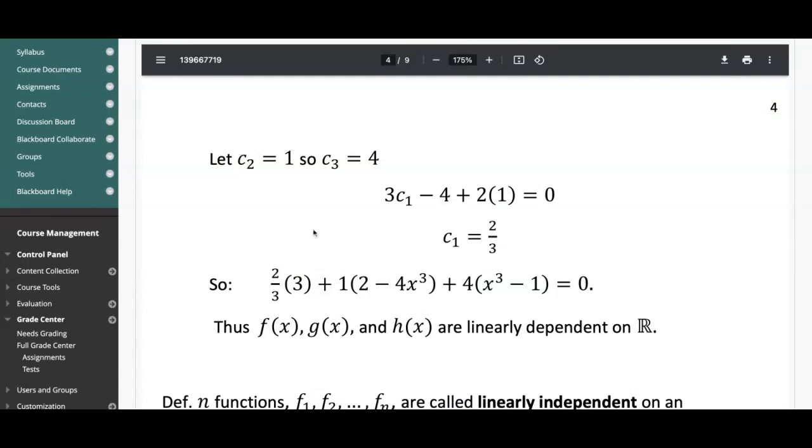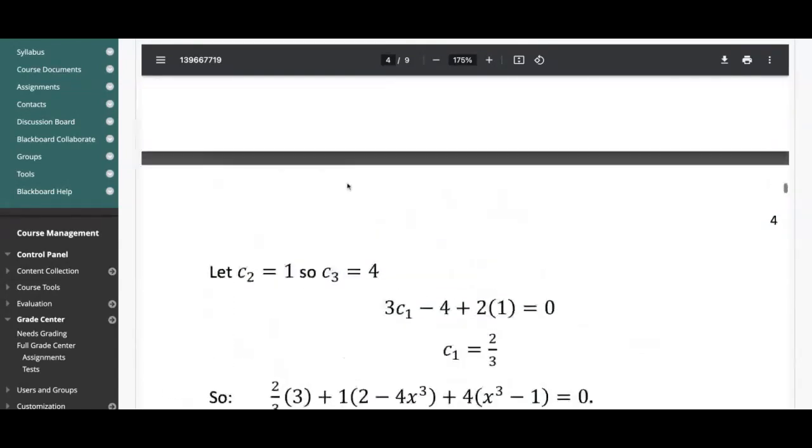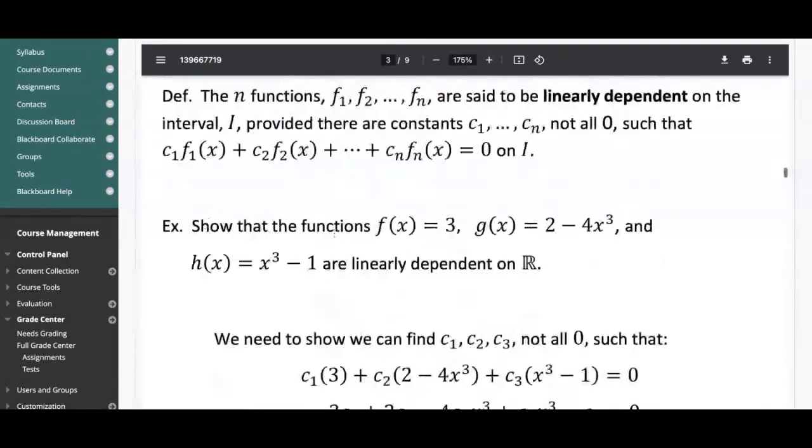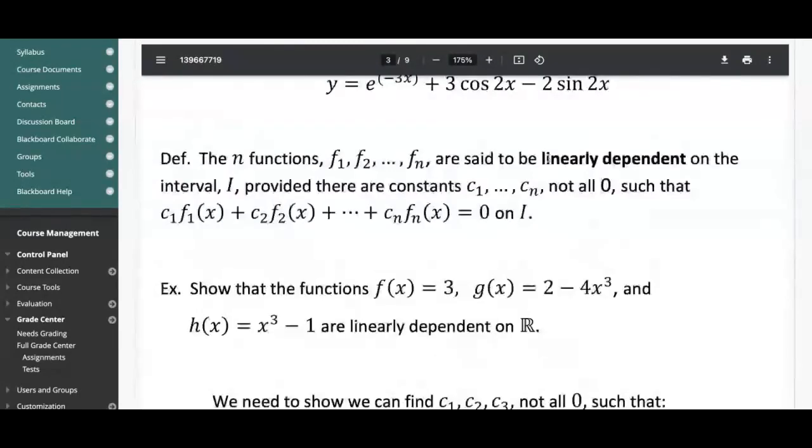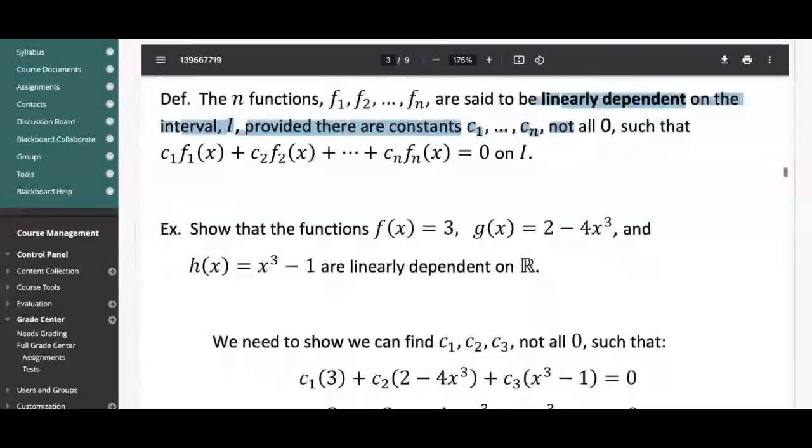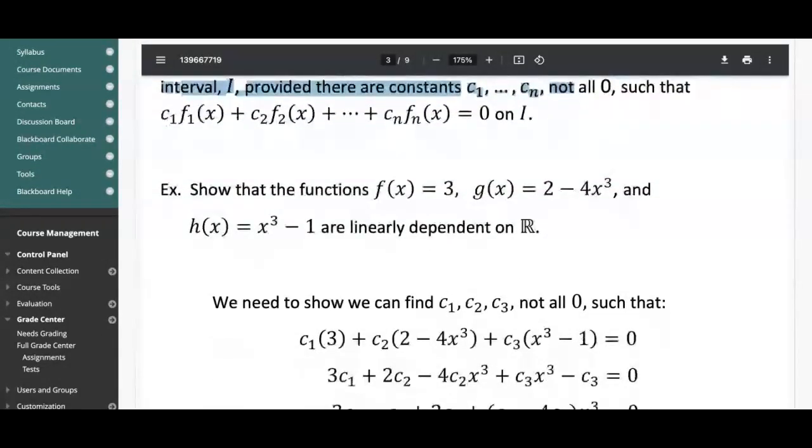So by the definition, these 3 are linearly dependent. And of course, you can see that. You can see the linear combination: you multiply something with F, something with G, something with H, and you could make the linear combination 0.